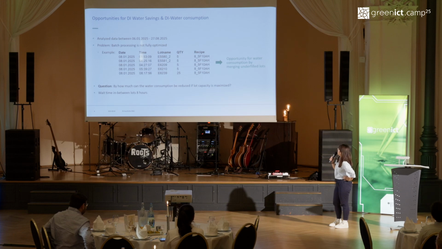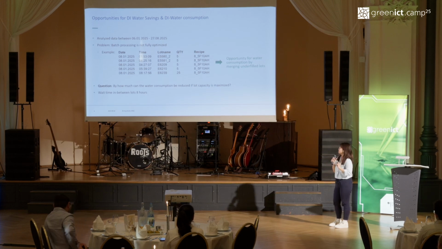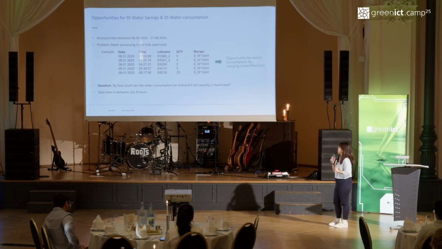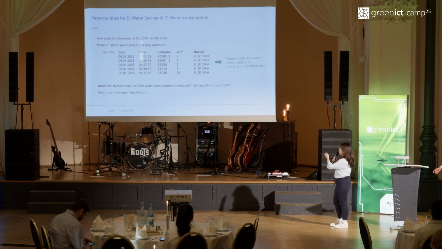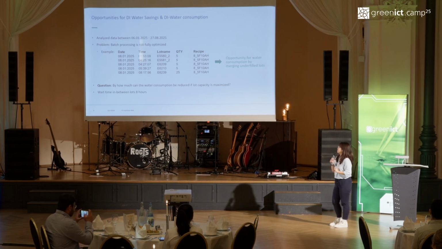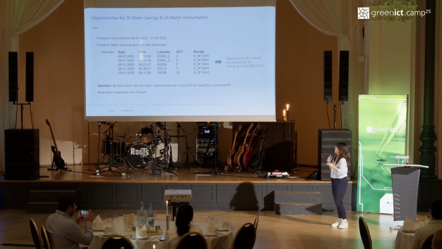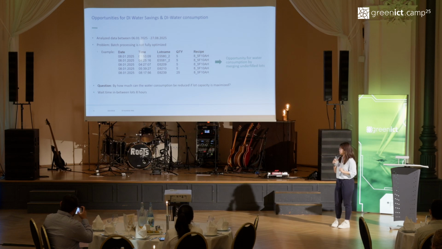And only one of them was containing the maximum number of wafers, whereas 4 of them were containing only 5 wafers. So we could have easily merged 4 of these lots. They were only being processed within like 5 hours of each other. So we were thinking how much water can we actually reduce by combining, for example, in this case, those 4 lots.